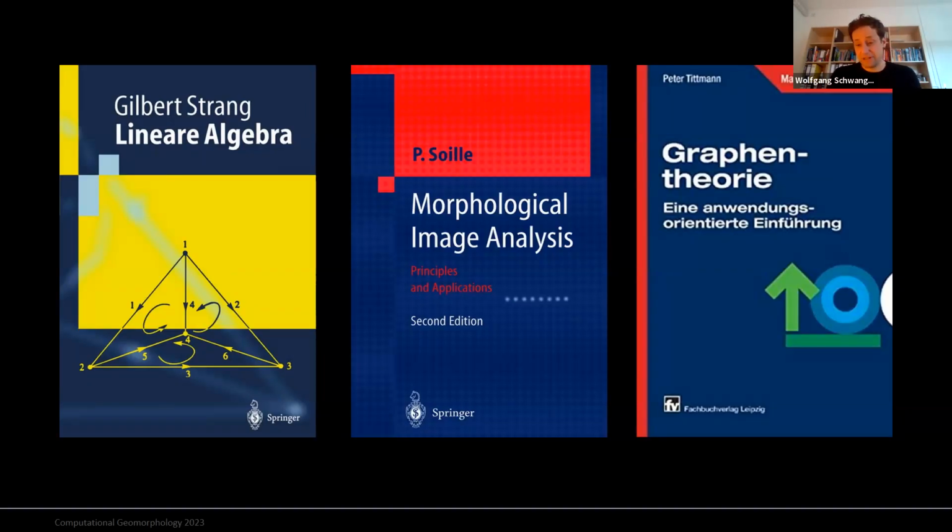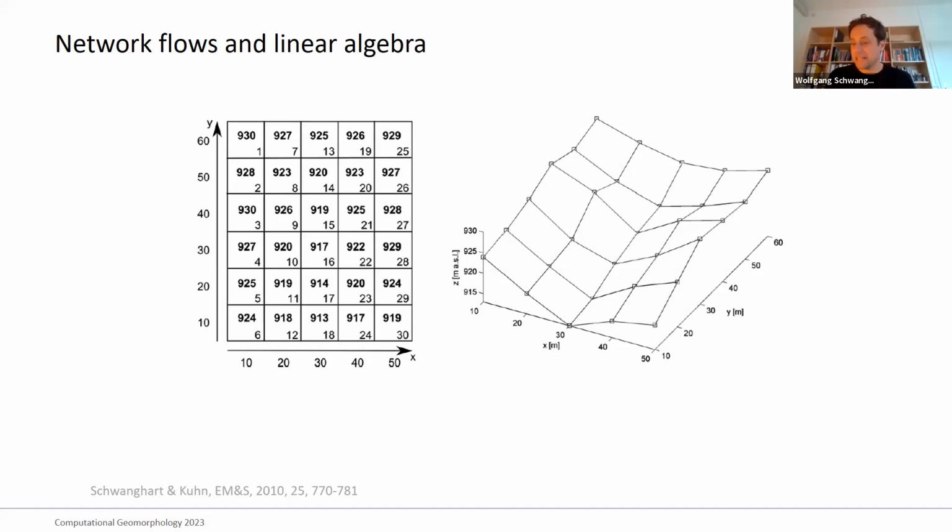And that's something that we need a lot. And then, of course, but that was not clear at the beginning, graph theory. It's a German book here, but what I needed was also a bit of an introduction into network analysis and all that. That really took quite a while until I finally came up with an idea of how this could be done.